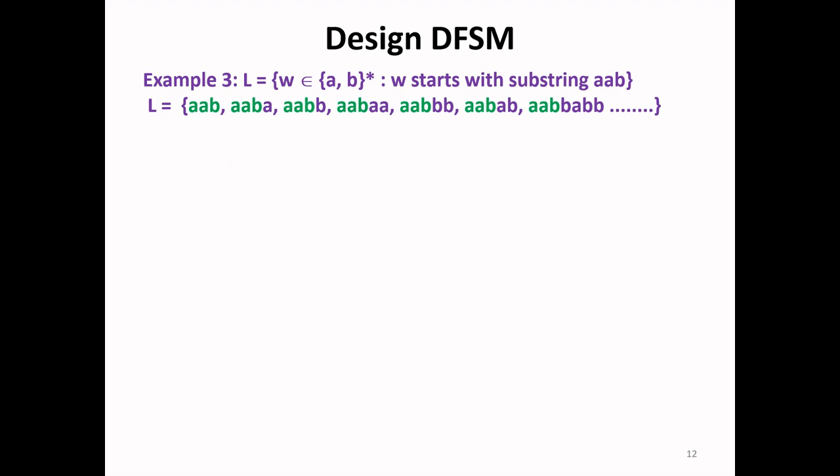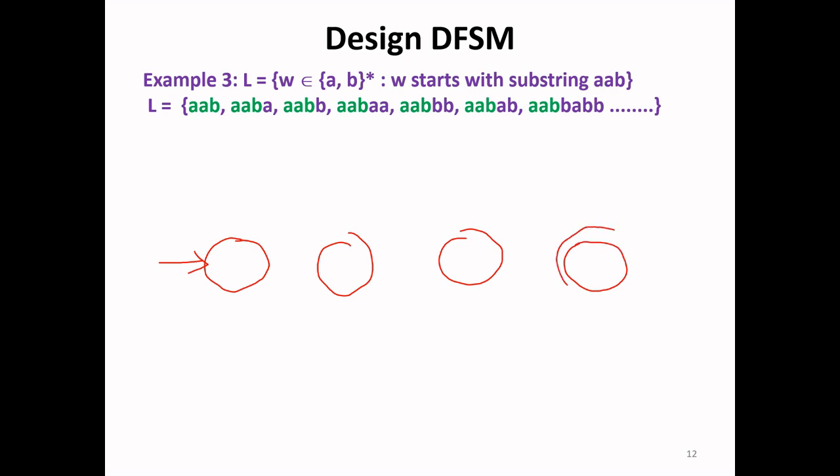So here also we'll first design for the string A, A, B reaching the final state, 0, 1, 2, 3. So next we have to satisfy the language and complete the DFSM.